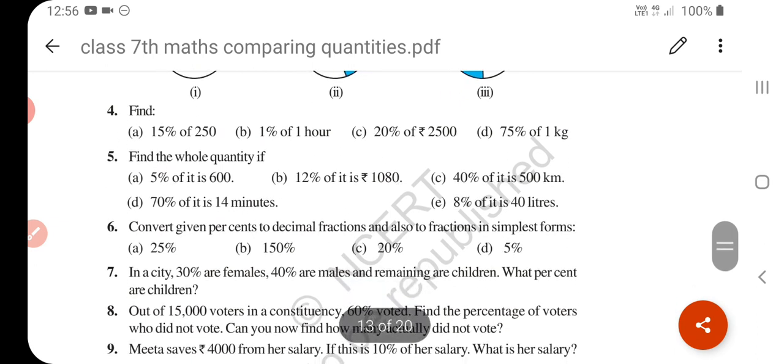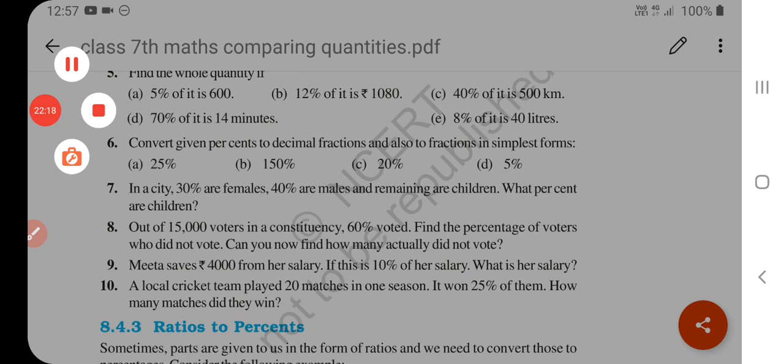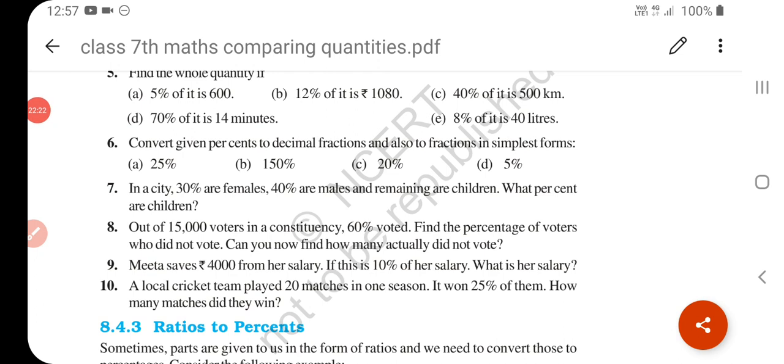Complete the chapter and the exercise, and remember all the formulas: how to find the ratio, the standard form, the equivalent ratio, how to convert percentage into fraction and fraction into percentage, and decimal into percentage and percentage into decimal. These are very important things.